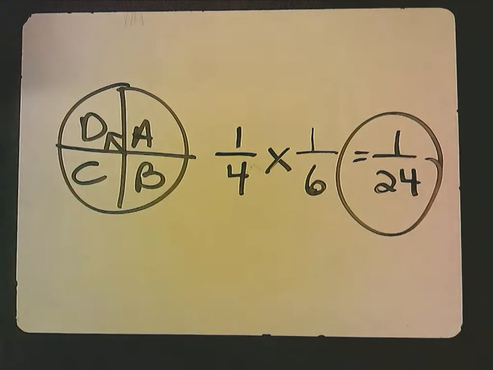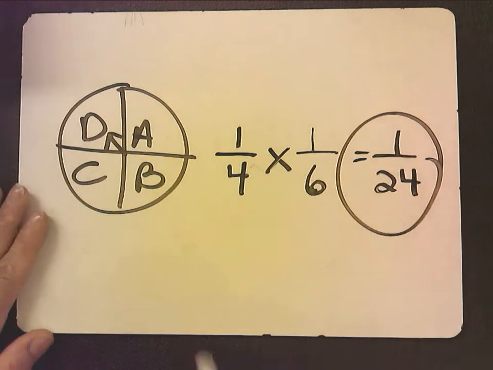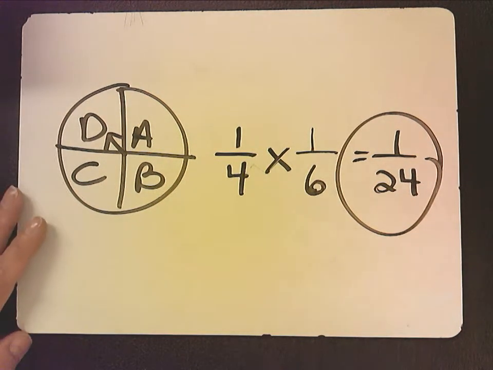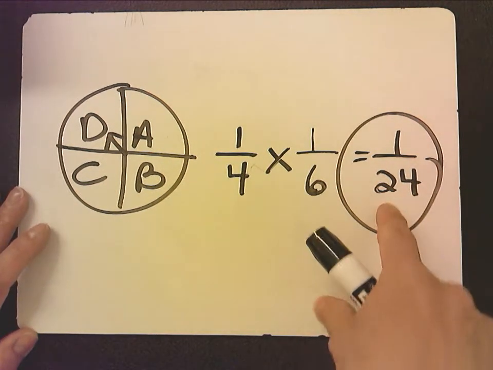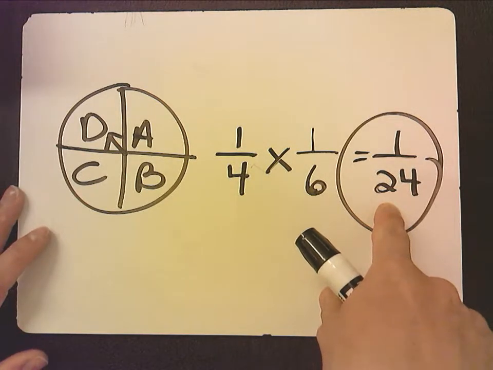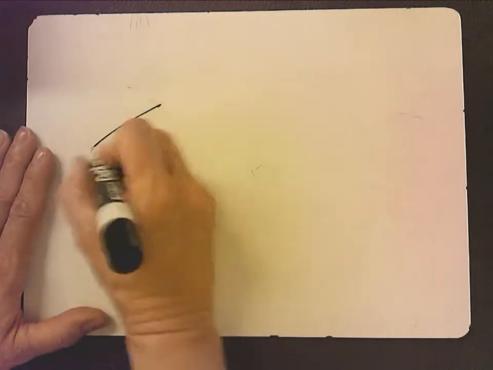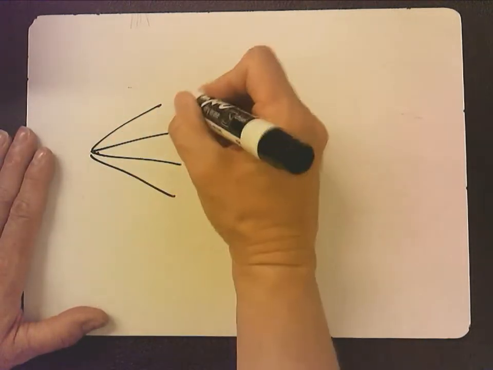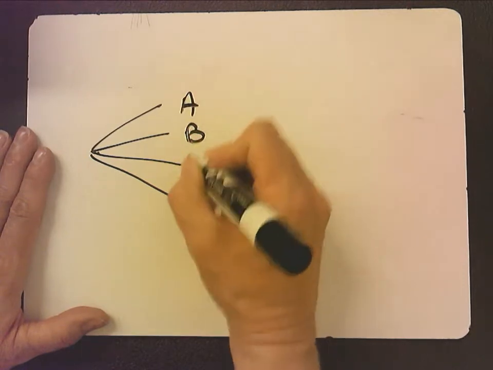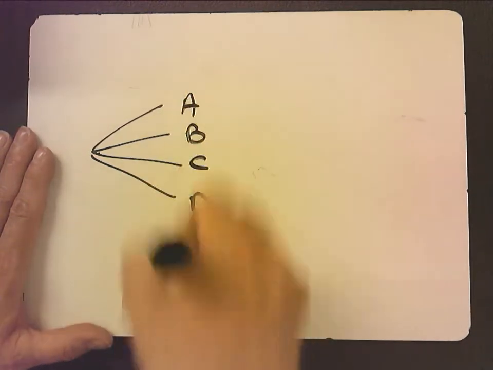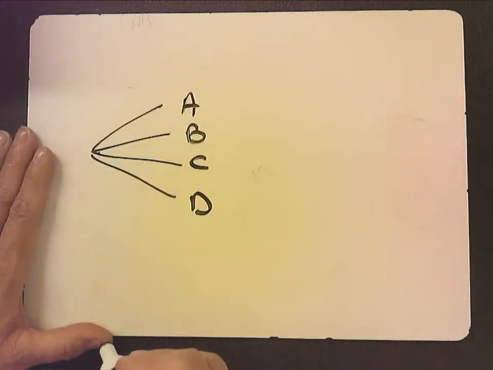Now, another way you could do this is you could do a tree diagram, but it's going to be a very big tree diagram because you'd end up with 24 possible outcomes. So what we could also do is do a modified tree diagram. I know I can do this to say, okay, to get the spinner, it's 1 out of 4.